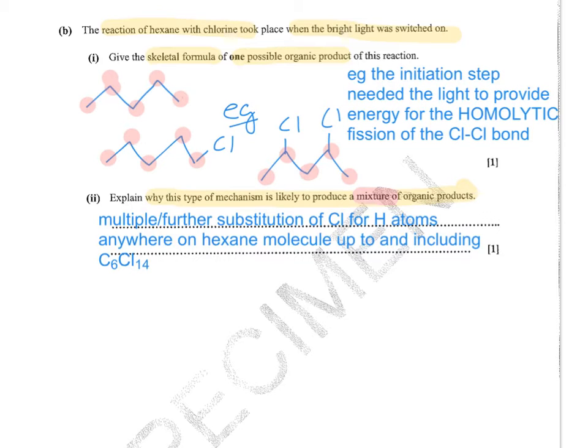So to be quite honest with you, this bit here is just really for illustrative purposes, so you understand the idea of how many times we get multiple substitutions. You don't really need that in there. It's not on the mark scheme, so you don't need to put it in there. But it just illustrates what I'm trying to say.